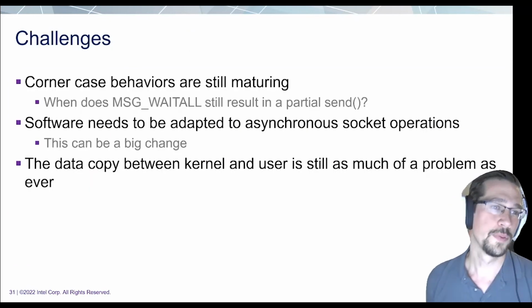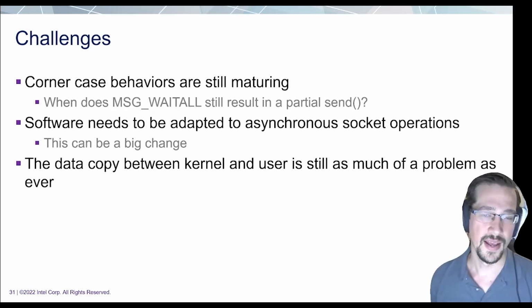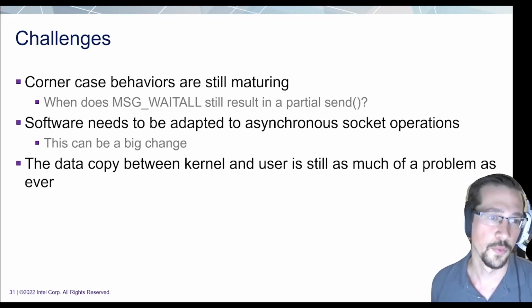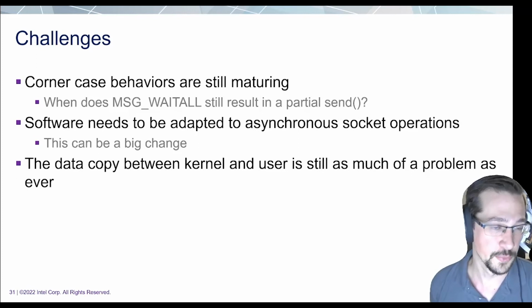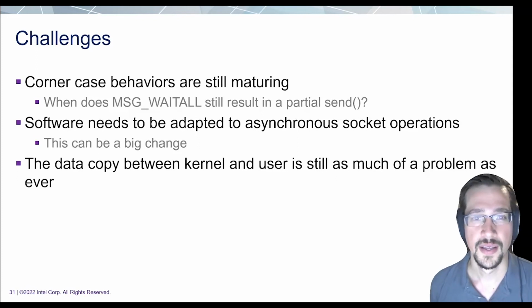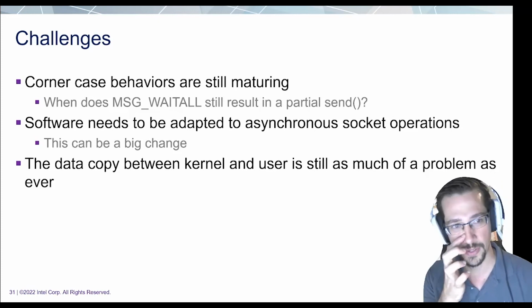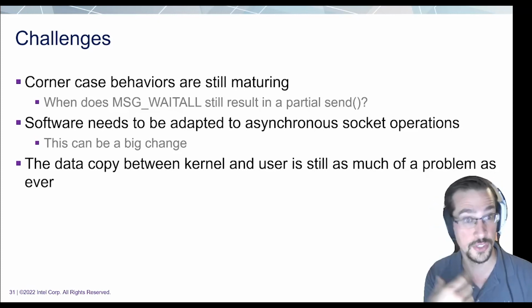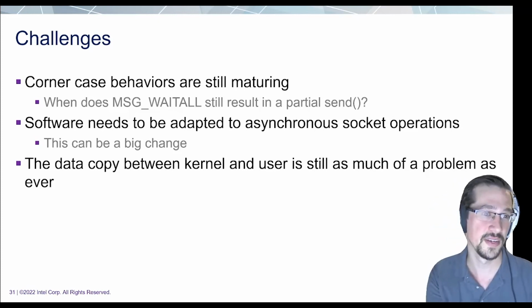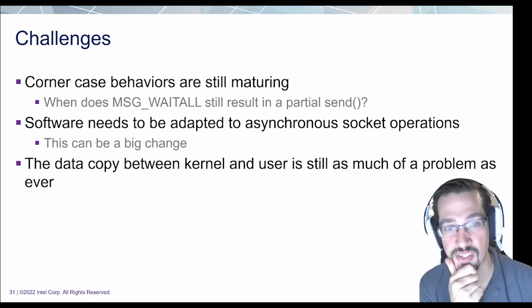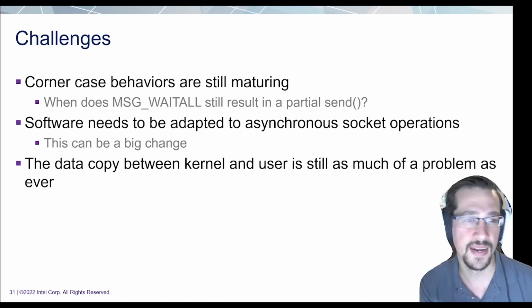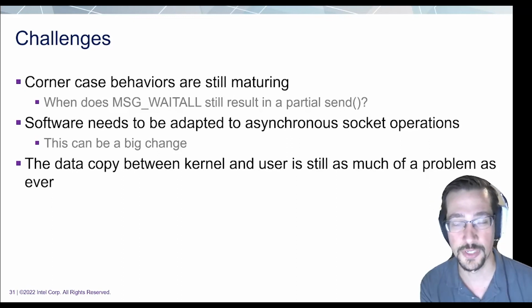So there's a couple of challenges with io_uring that I think we're still working through. There've been patches on the mailing list within the last year on some of these things. There's a couple of weird corner case behaviors that are still maturing. For instance, you can still use the MSG_WAITALL flag in receive or in send. When an io_uring does that, does using that flag ever result in a partial send?